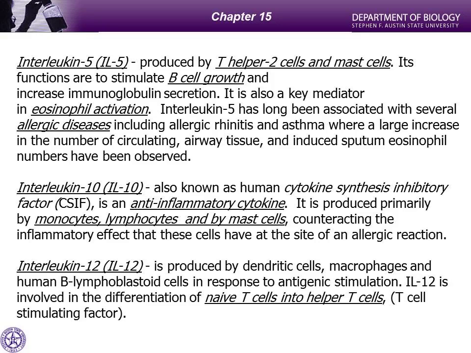Interleukin 12, this is interesting because it is produced by dendritic cells and macrophages. Remember, those are two of several of our antigen-presenting cells. So not only do these antigen-presenting cells display the antigen, they also secrete IL-12, which causes our naive T cells that haven't quite become immunocompetent yet to grow up to the point that they can recognize antigen.